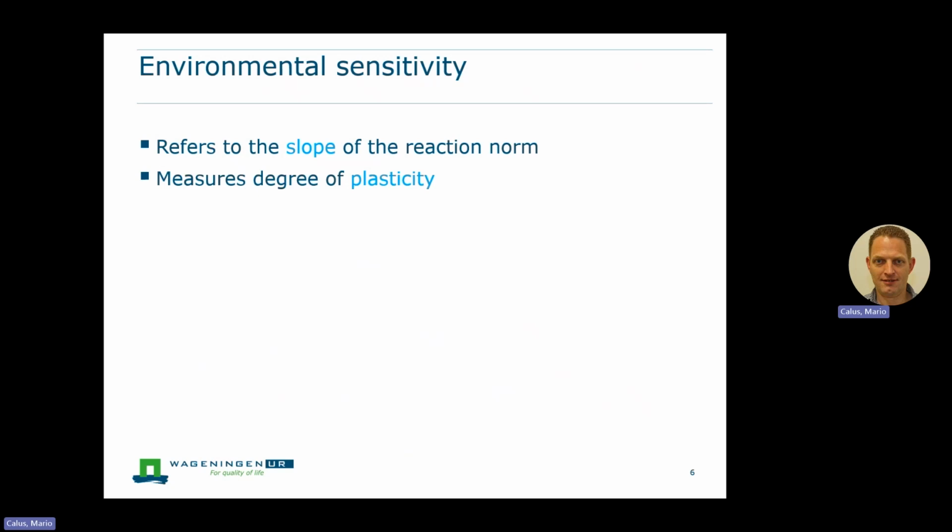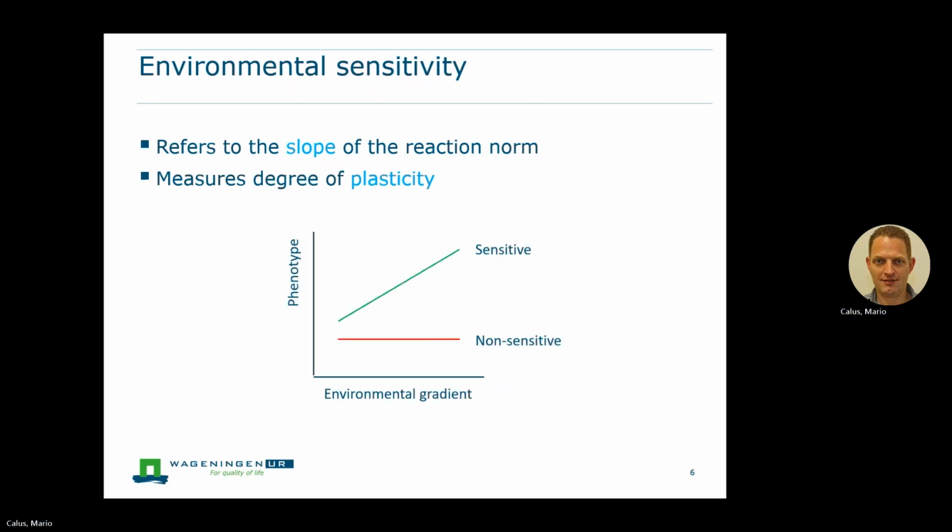So we could say that the slope of the reaction norm also measures the degree of plasticity of the individual. Just to show this in a graph, the individuals with a flat reaction norm are not sensitive, and the ones that have a steeper gradient are increasingly more sensitive.